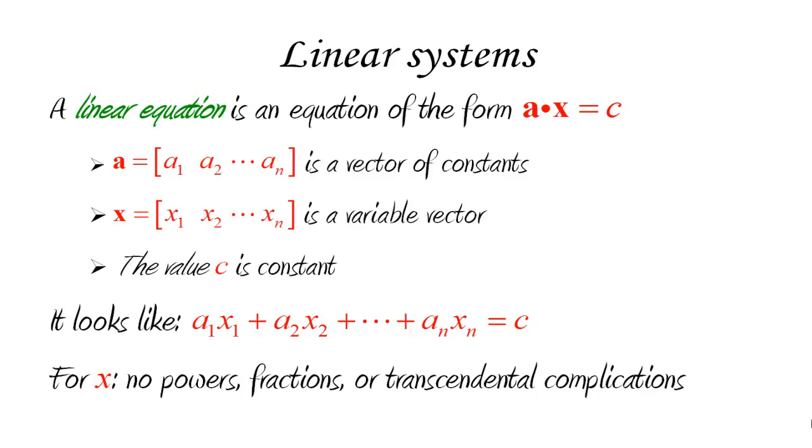Well, a1, a2, an can have fractions, and so can c, but the important thing is that the variables x1, x2, xn are not in the denominator, and there are no transcendental complications like sine, cosine, exponentials, and so on. Again, they can be in the coefficients, in the numbers a1, a2, an, which of course we normally call the coefficients, but not in the x.